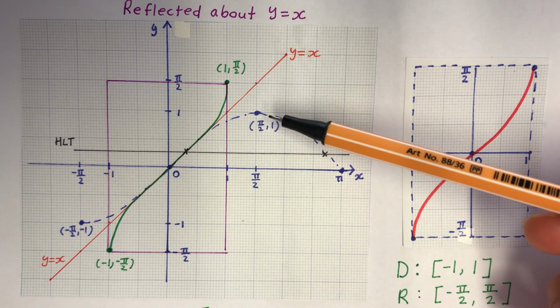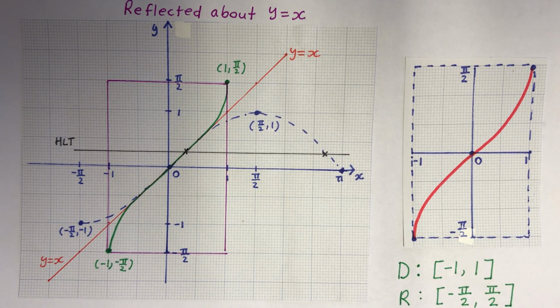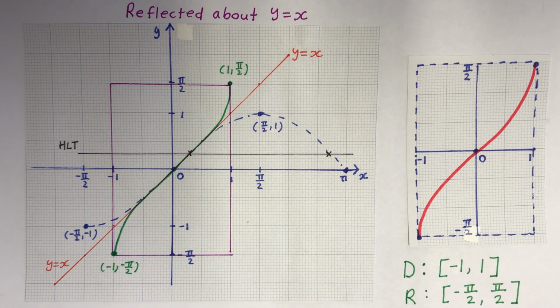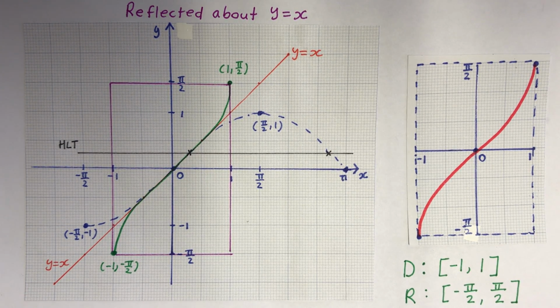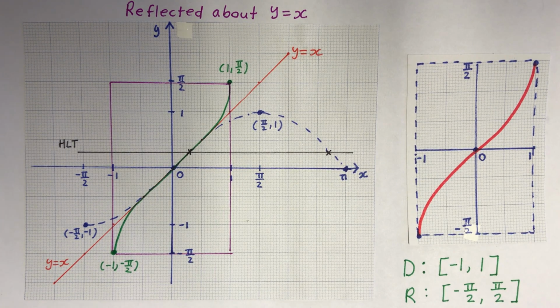Before we start, let me explain. We need to have a restricted domain because of the HLT, the horizontal line test. We checked whether an equation is a function or not by using the vertical line test.